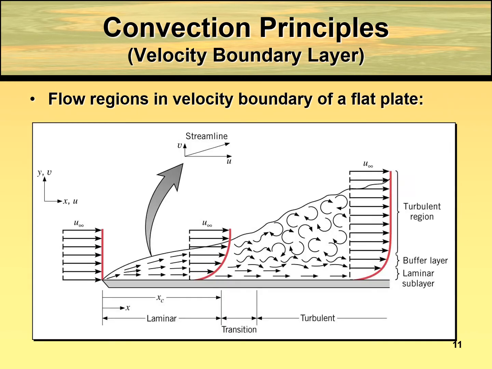Then what will happen? According to the development of the velocity boundary layer, we're going to have three sections: the laminar section, the transition section, and the turbulent section. Through the laminar section, the velocity profile is very disciplined and develops nicely.